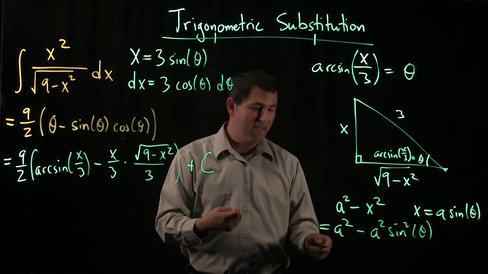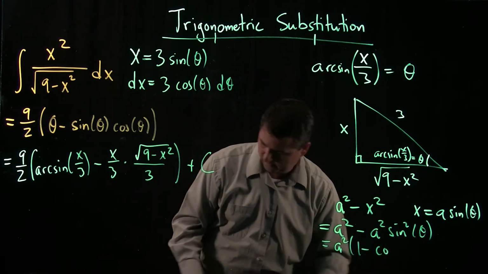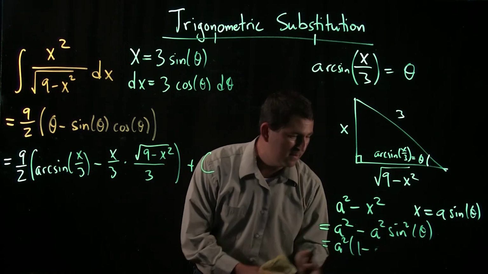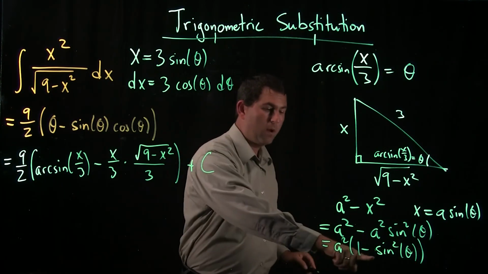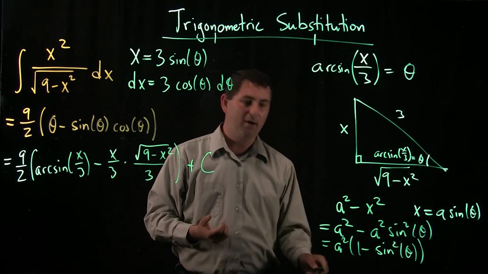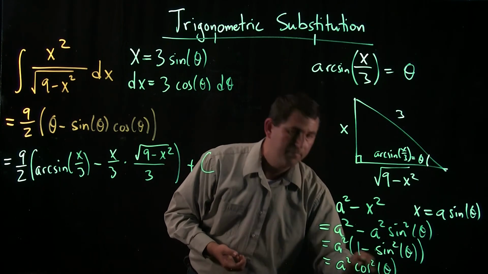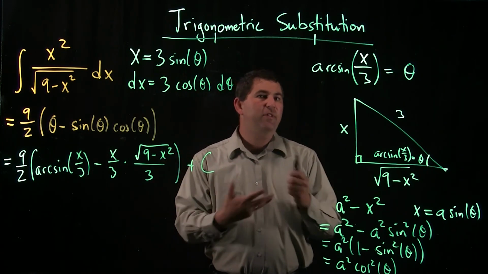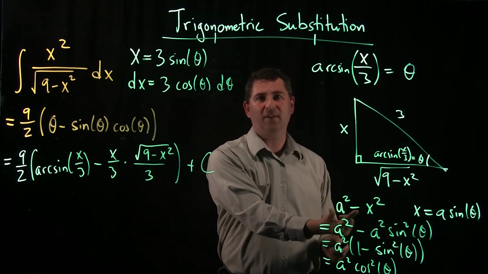Now I can factor out that a squared, and I have a squared times 1 minus sine squared theta. And just as before, I know that 1 minus sine squared is cosine squared, and so I get a squared cosine squared theta.